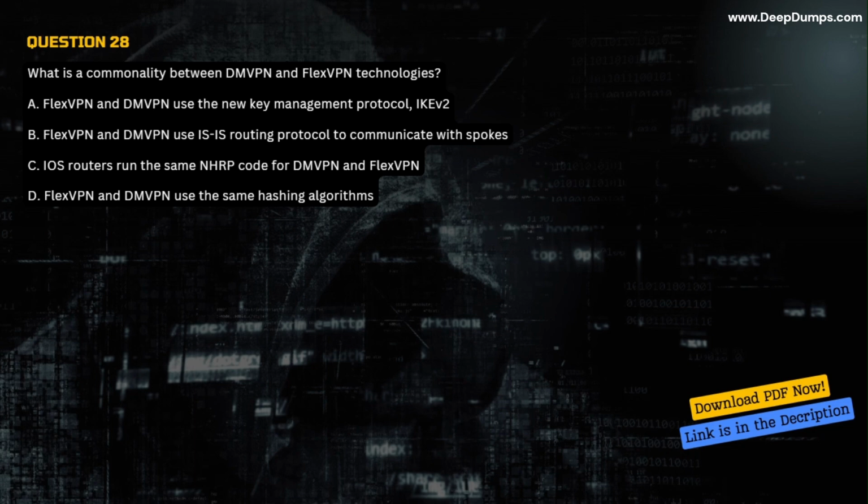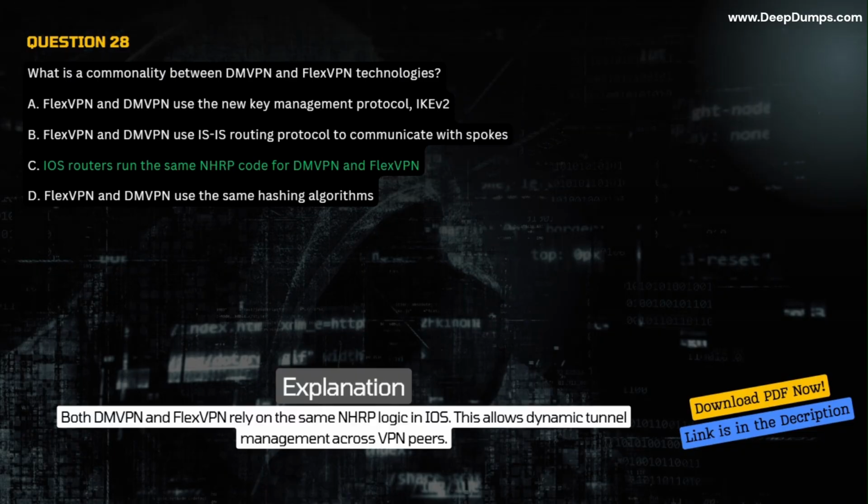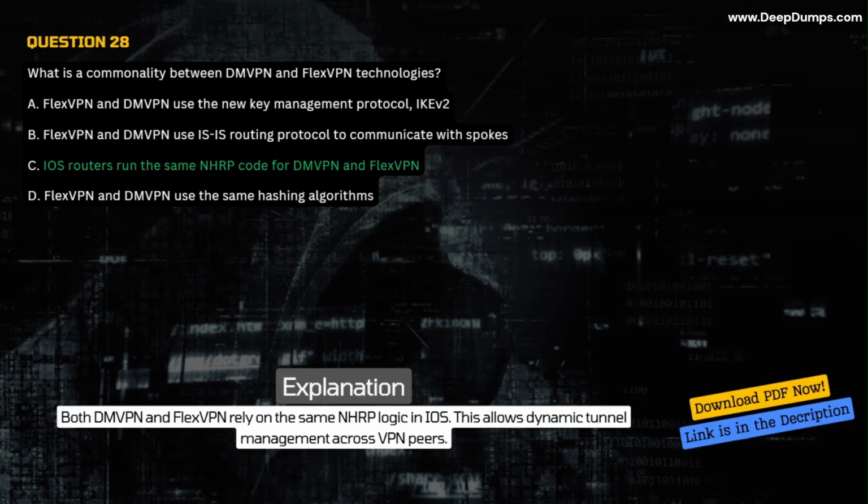D. FlexVPN and DMVPN use the same hashing algorithms. Correct answer, C. iOS routers run the same NHRP code for DMVPN and FlexVPN. Explanation. Both DMVPN and FlexVPN rely on the same NHRP logic in iOS. This allows dynamic tunnel management across VPN peers.